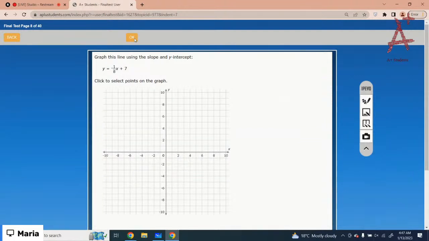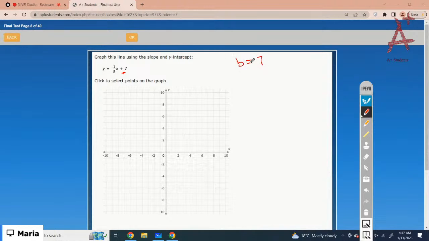Okay, graph the line using slope and y-intercept. You have to find the slope of the line. The y-intercept is b, that is 7. Slope is negative 1 over 8.